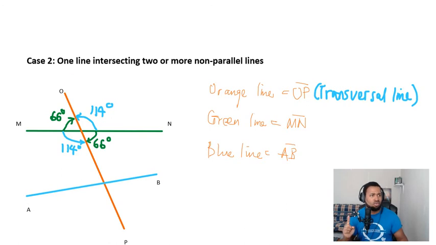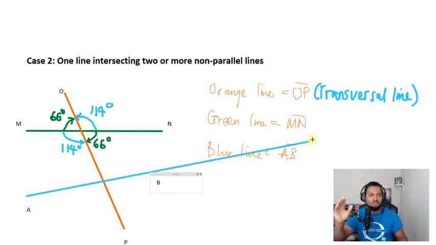Take note also, why is MN not parallel to AB? On our previous video we talked about parallel lines, and we said that parallel lines are lines that never touch, but in this case we are saying that they don't touch directly. Why is that the case? The reason is that we haven't extended the lines to a further point.